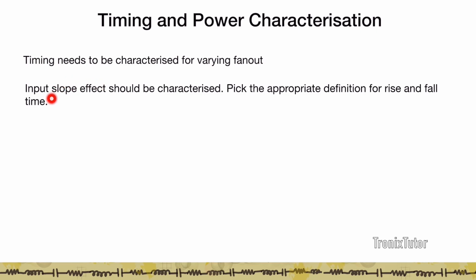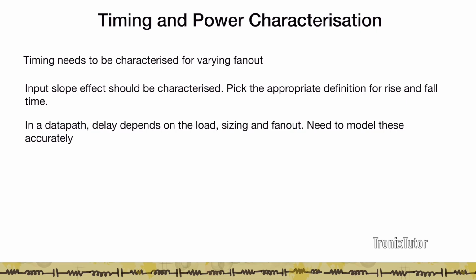So understanding what the input slope might be and its effect on delay is absolutely critical for an accurate estimate of delay. In a data path, for example, the delay depends on the load, sizing and the fan out. So you need to model all these accurately. Again, this step is very critical because eventually, when you use your tool, you want to reduce the delta between what is happening at the gate level and what is happening post layout.